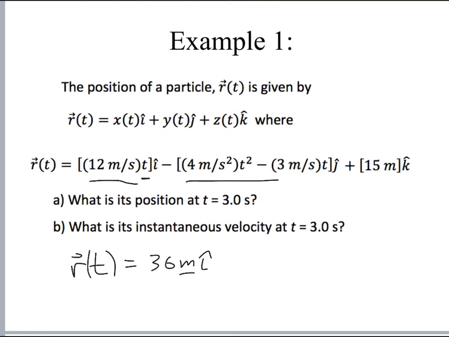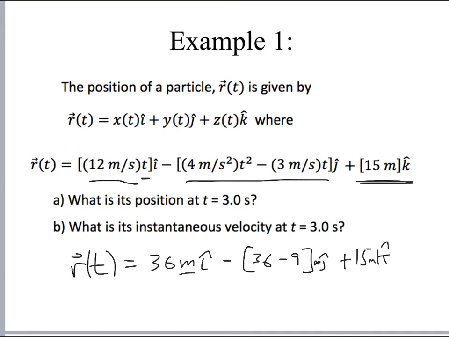And then in this term, we're going to have 4 times 3 squared, so that's 4 times 9, which is 36, so this is going to be minus 36, and then this is going to be minus 3 times 3, which is 9, so that's minus 9 in the j hat direction. And then this k hat term doesn't change, so we're just left with 15 k hat. And this is all going to be times meters and times meters.